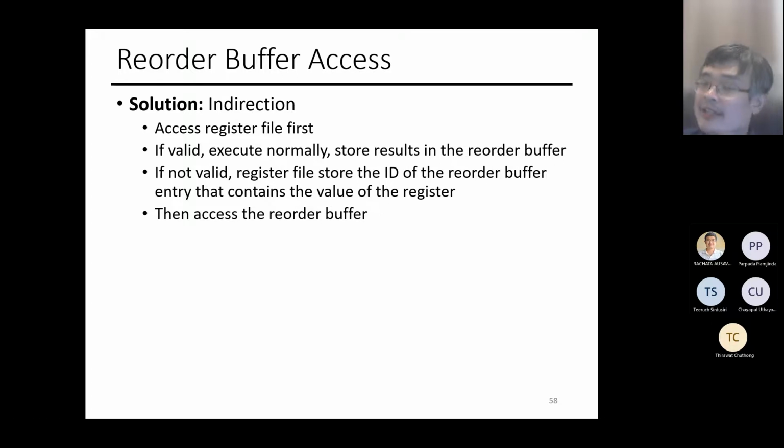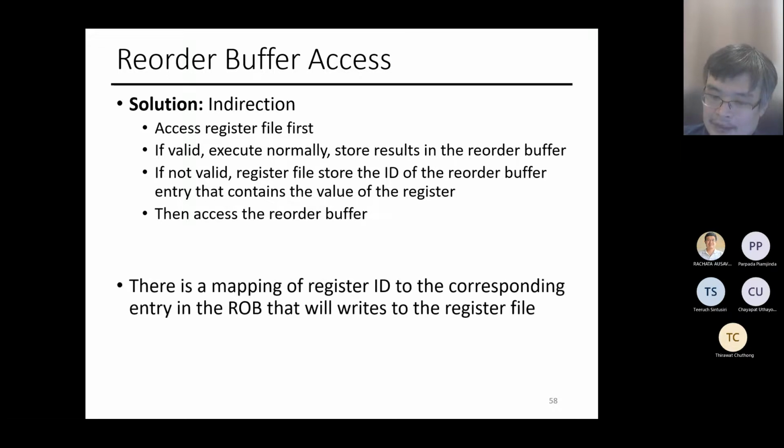If not valid, then check the reorder buffer. Then you can access the reorder buffer, and basically this would give you the mapping between the register ID to the entry in the reorder buffer.